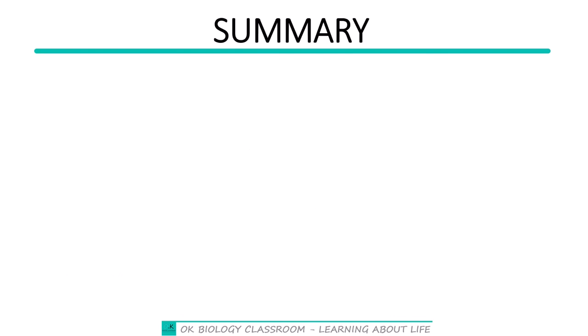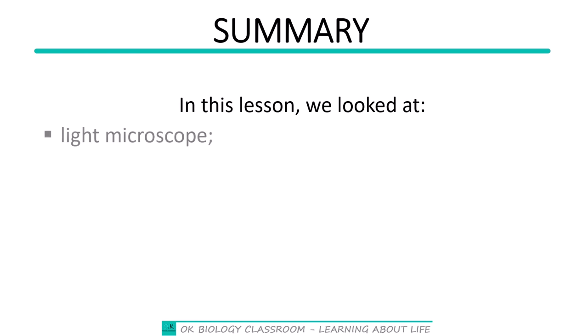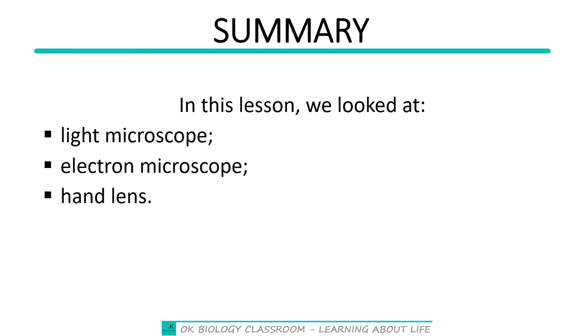Alright. Yes, so these are what we have for our lesson. And remember that we have looked at the light microscope, we have also talked about electron microscope, and then we have looked at the hand lens. For light microscope, we talked about simple light microscope that uses only one lens for magnification.